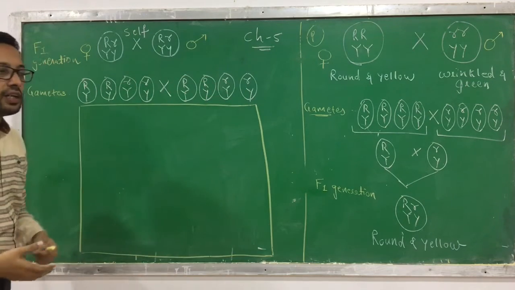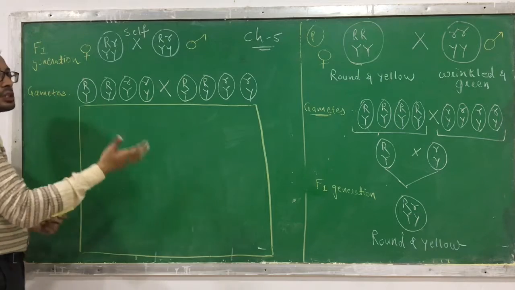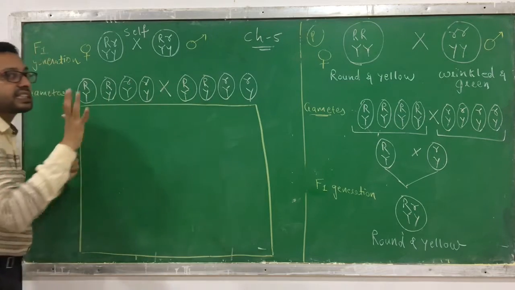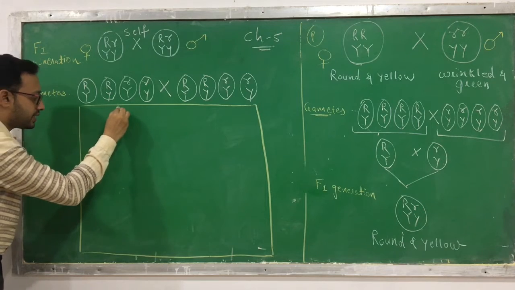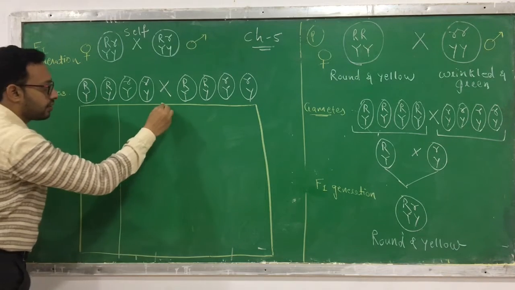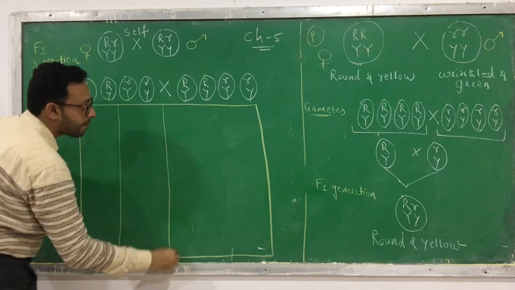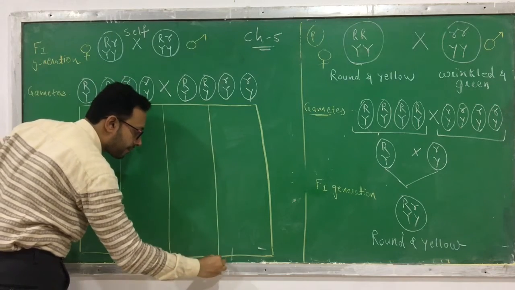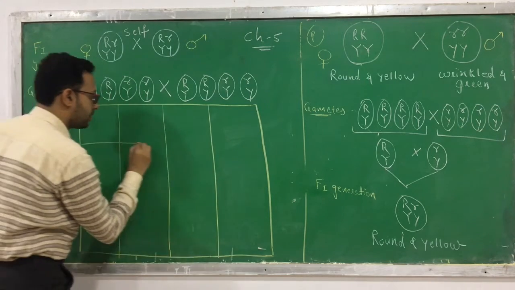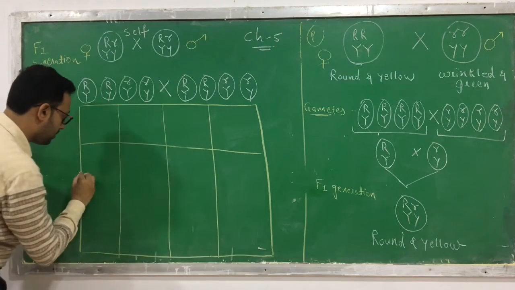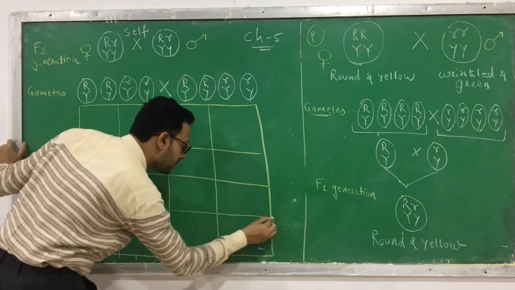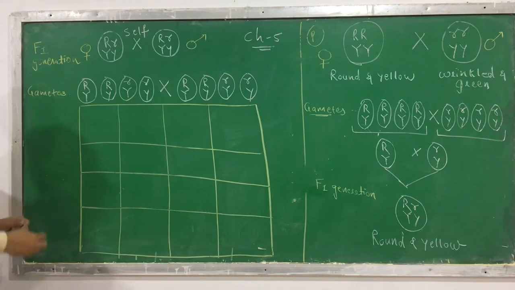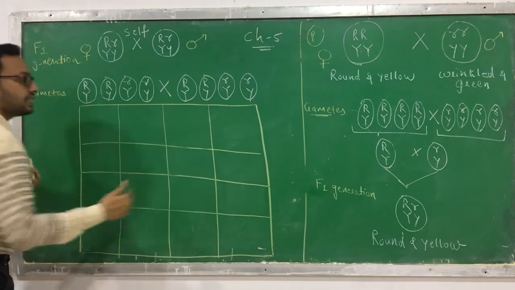How many squares do I have to show? 4 fours are 16. So I have to show 16 squares. So I am just drawing the 16 squares. Okay, clear? 16 squares. 4 fours are 16.